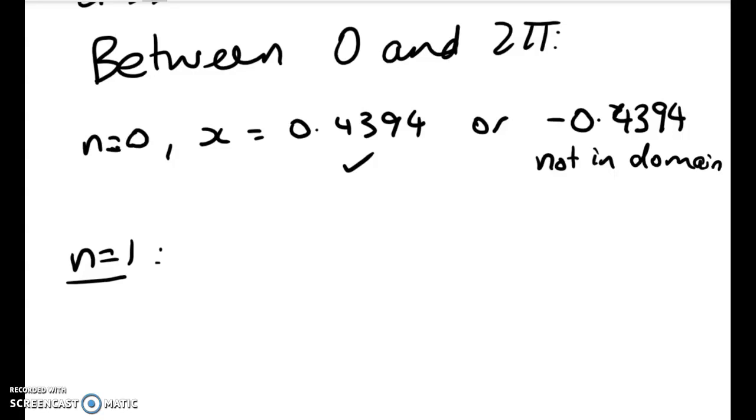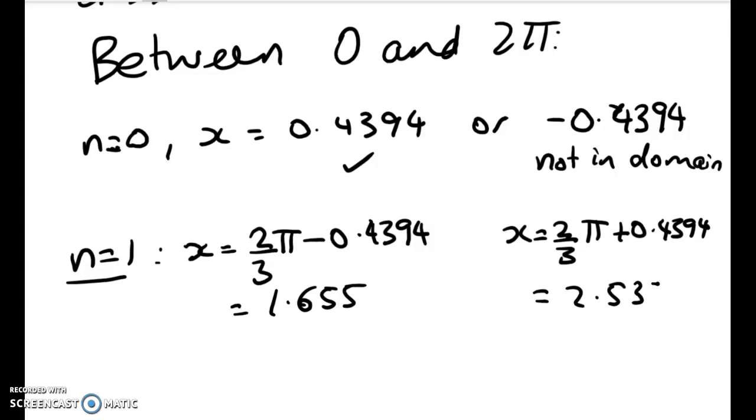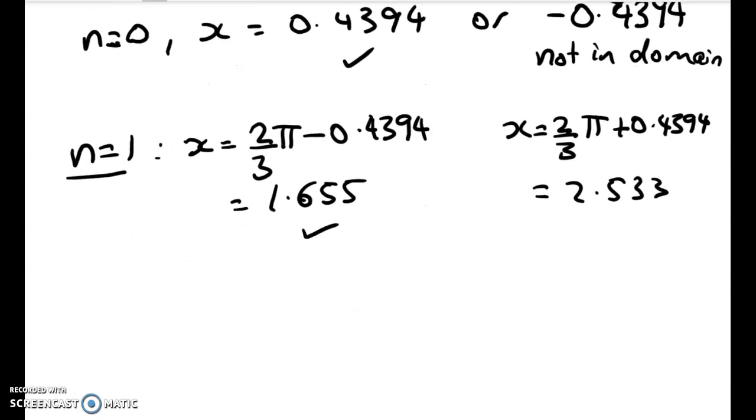For n equals 1, we get x equals 2/3 pi minus 0.4394, and x equals 2/3 of pi plus 0.4394, 1.655 and 2.533. So both of those are good.